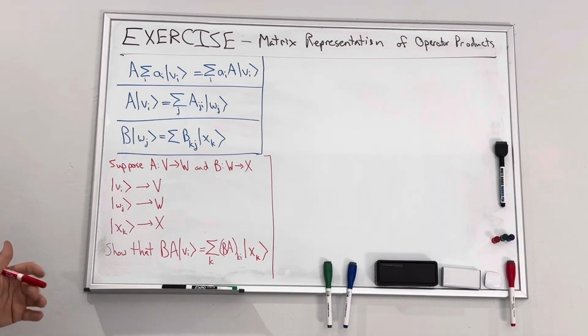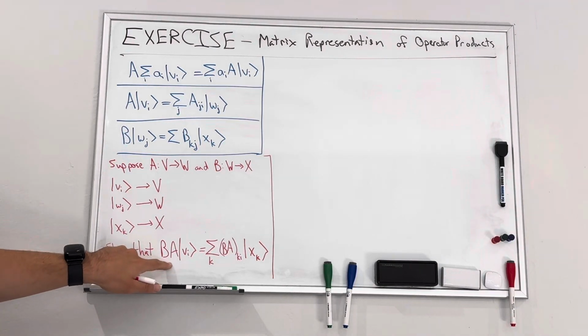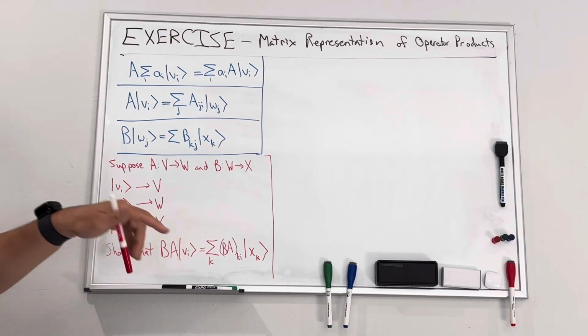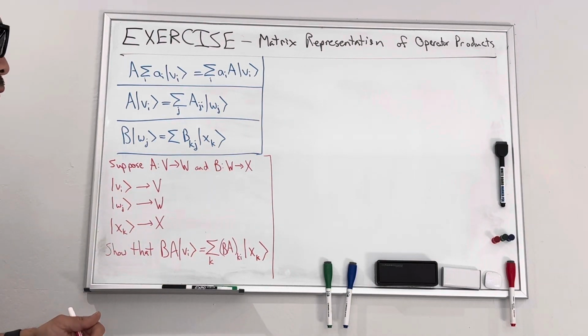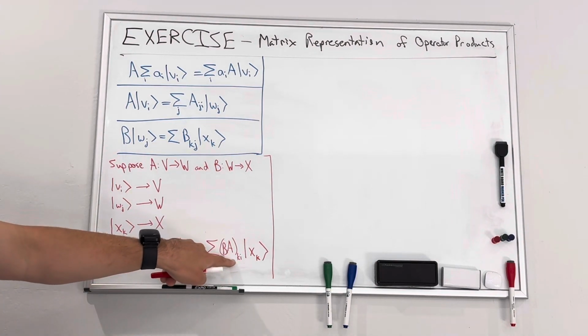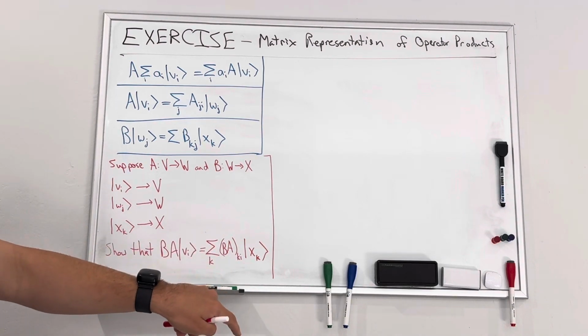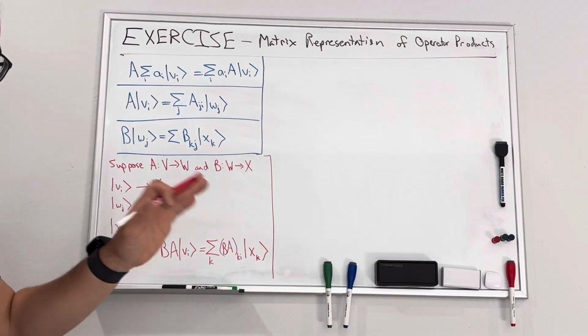So we want to show that the operator BA applied to some vector V_I has some matrix representation, which looks like this, (BA)_KI. We'll get to it.